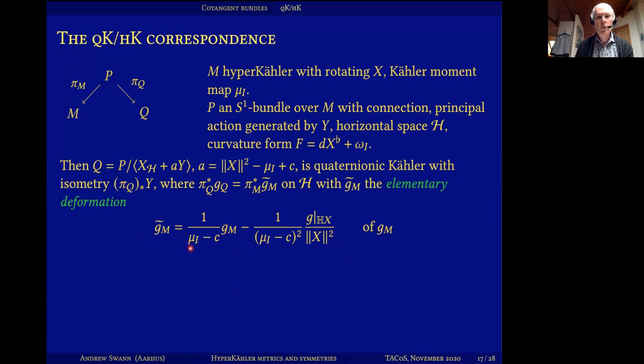You take a conformal scaling of the hyperkähler metric by the moment map shifted by a constant. And then if you look at the metric restricted to the four quaternion directions spanned by X, so there's X and there's IX, JX, and KX, that's a four-dimensional space, you need to scale that by the factor given here.